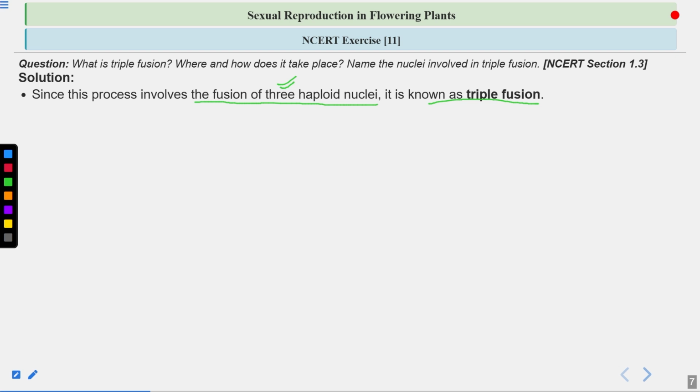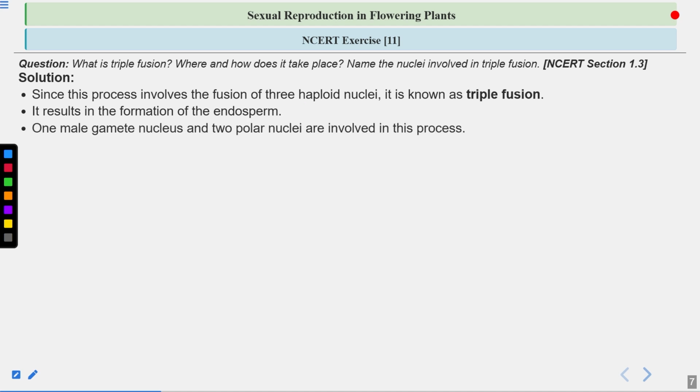It results in the formation of endosperm. Now this primary endosperm nucleus will give rise to the endosperm. One male gamete nucleus and two polar nuclei are involved in this triple fusion, right? Only one male gamete nucleus and two polar nuclei are involved.